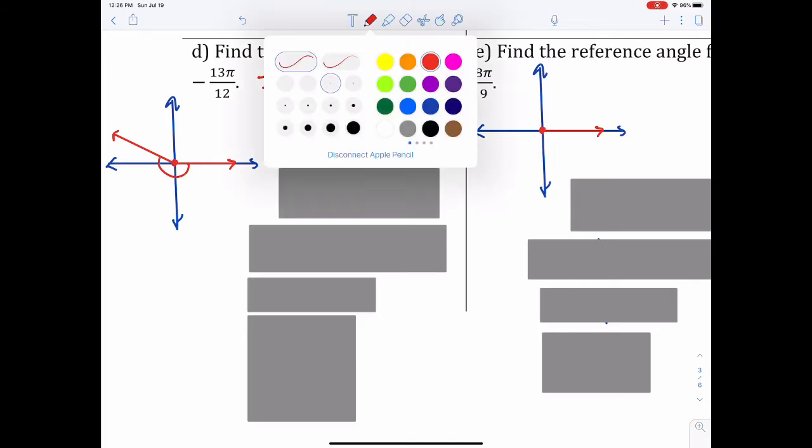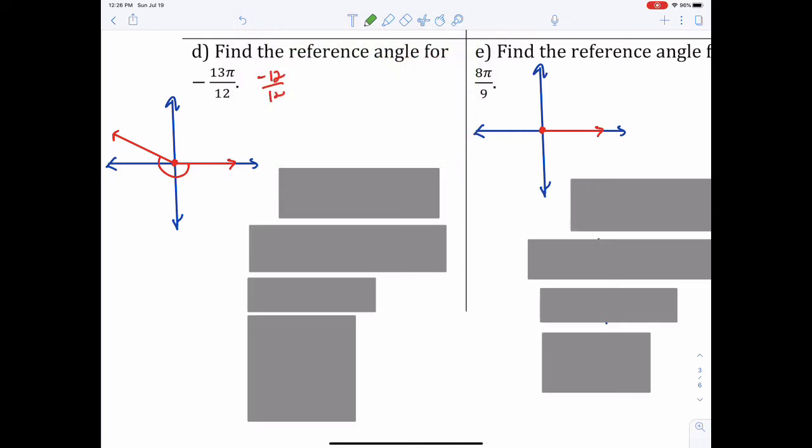So again, we want to look for the acute angle that's formed with the x-axis, which would be this angle measurement right here. So remember what I said in the beginning: if you are given a negative angle for your theta, you can find the coterminal angle first, or you can simply subtract from pi, because you're kind of thinking, well, I know my reference angle plus pi would have to give me my angle theta here.